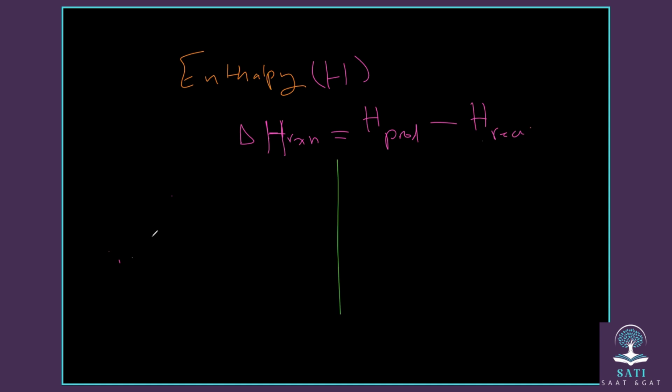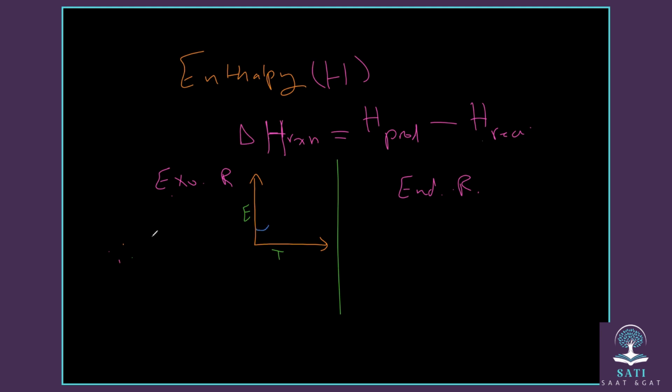So to understand now change in enthalpy, we have, as we know, exothermic reaction, and we have what? Endothermic reaction. So for exothermic reaction, this is now energy, and this is what? Time.